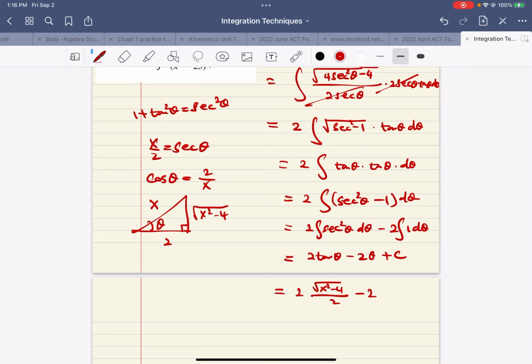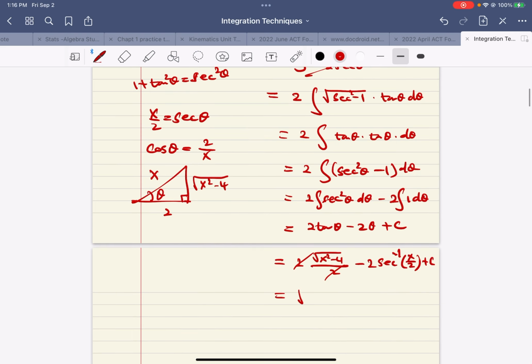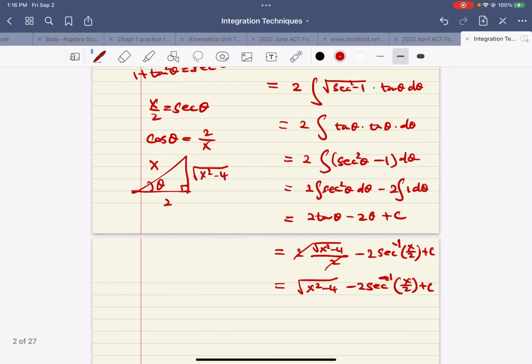So theta is inverse secant x over 2 plus c, and this one cancels. So final answer: root x squared minus 4 minus 2 inverse secant x over 2 plus c. Okay, that's your final answer.